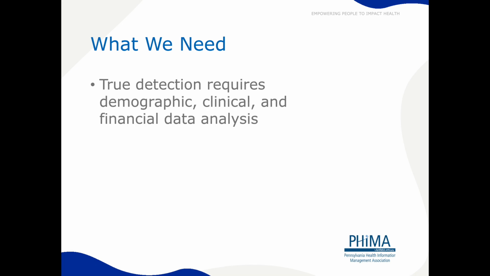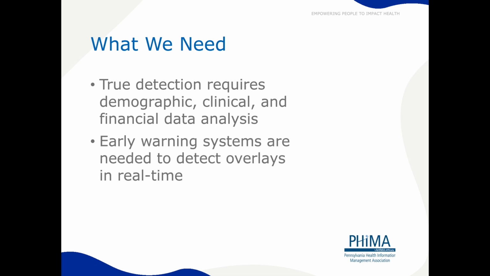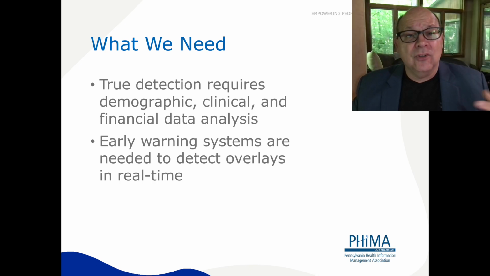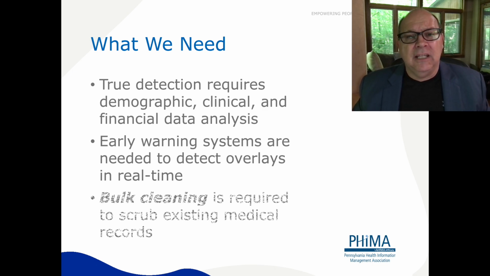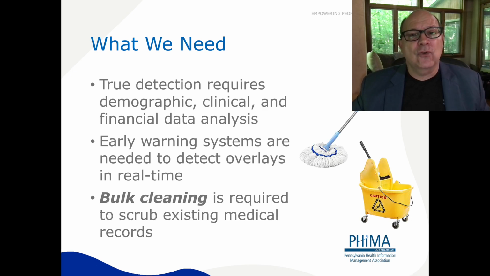What we need is true detection, and that requires an analysis of clinical and financial data, in addition to demographics. We need early warning systems to detect these overlay records in real time or near real time. And similar to data deduplication, patient matching, we also need to bulk clean our EHRs to find historical overlay data in the wrong record.